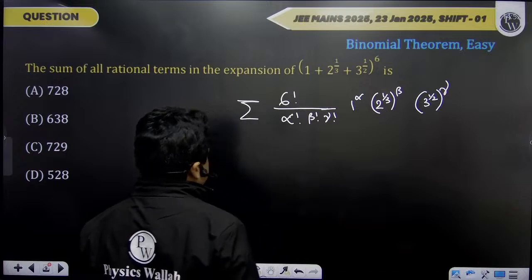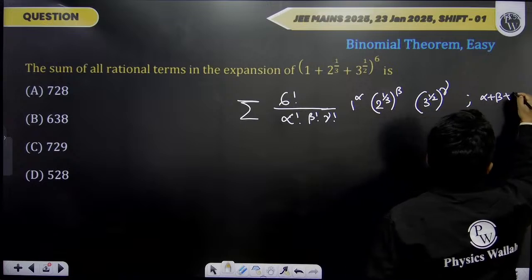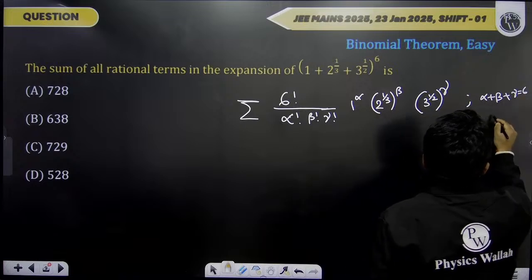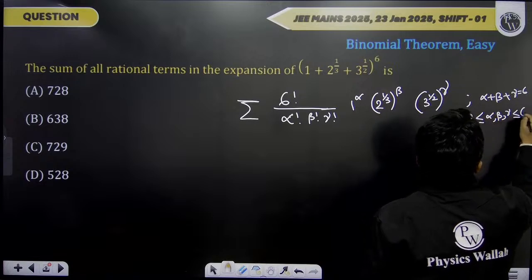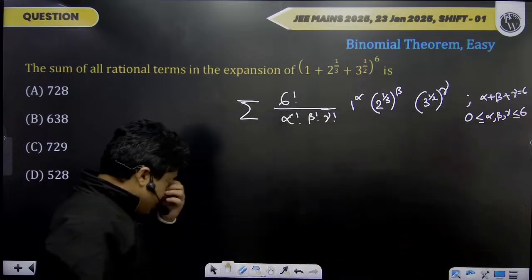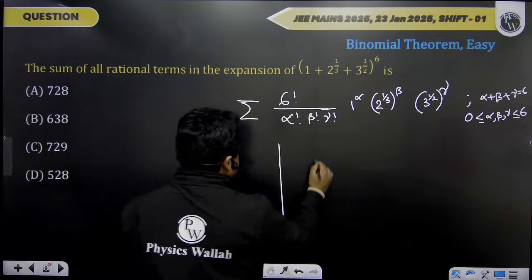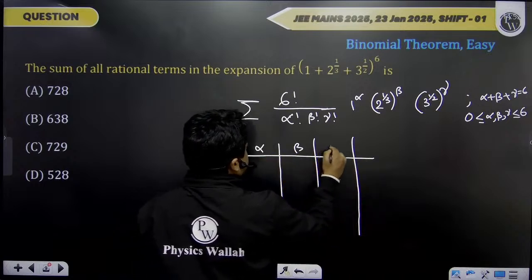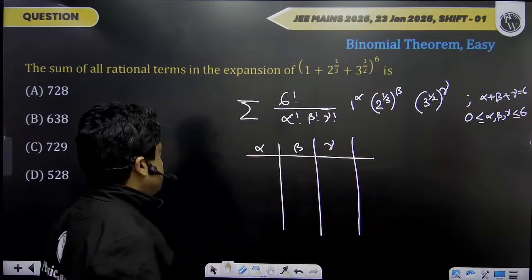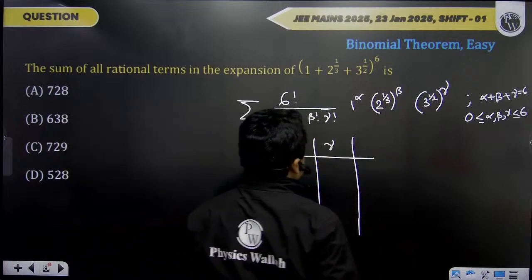So here alpha plus beta plus gamma should be equal to 6, and alpha, beta, gamma will be between 0 to 6. So we'll make a table and we'll see how many cases we can form. So let's make a table for alpha, beta and gamma.